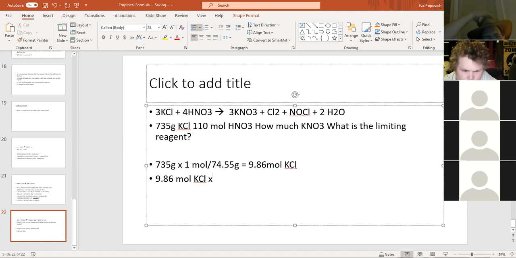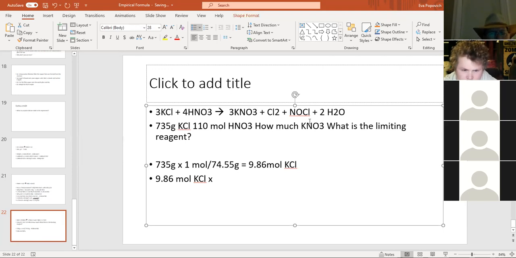Molar ratio. What is that molar ratio, Allie? What are we trying to make, Allie? 3 to 4 is the ratio. I'm sorry, 3 to 4.